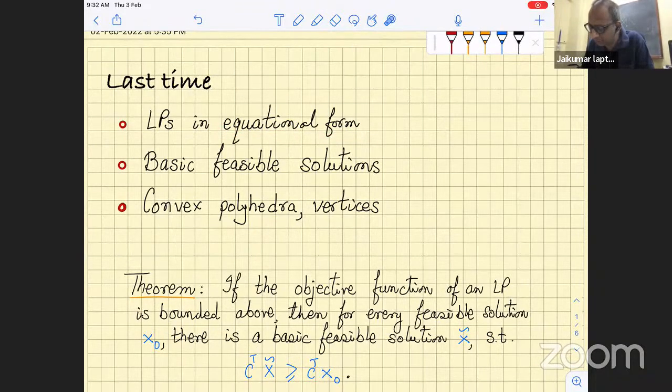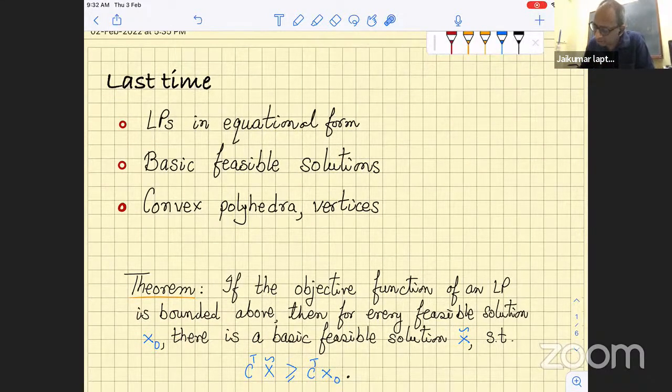When you have LPs in equational form, the constraints are all equalities except for the non-negativity constraints. All variables have to be non-negative. Those constraints should be there. Other than those non-negativity constraints, the only constraints we allow are equality constraints.